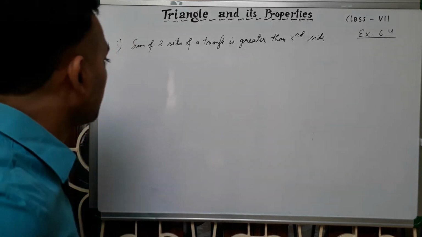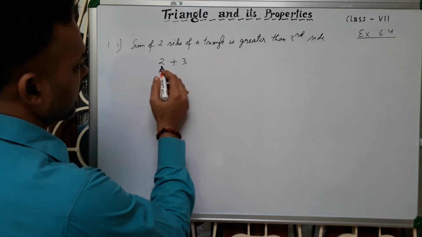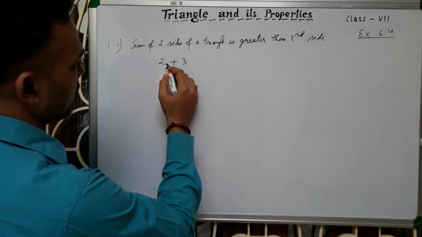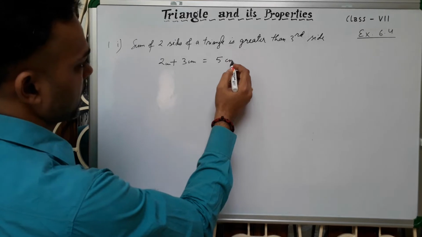Now if you add 2 plus 3, these are the two sides, 2 centimeter and 3 centimeter, you get 5 centimeter.